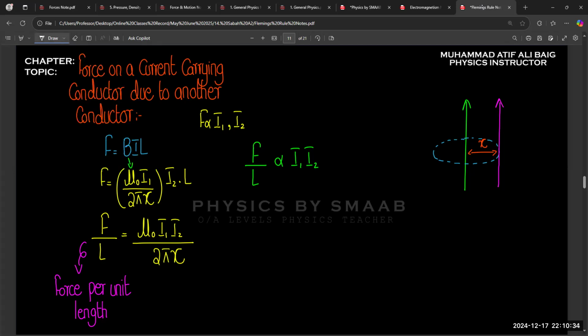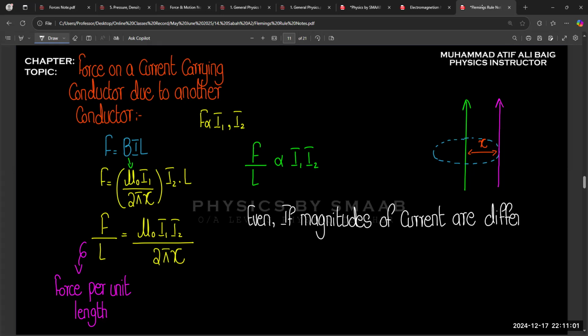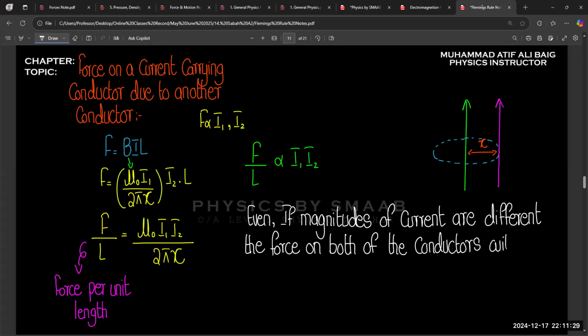Or further, we can say that even if the magnitudes of current are different, the force on both of the conductors will be the same, because force is directly proportional to the product of both currents.